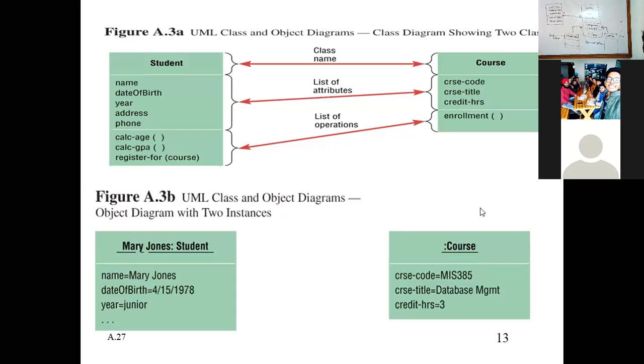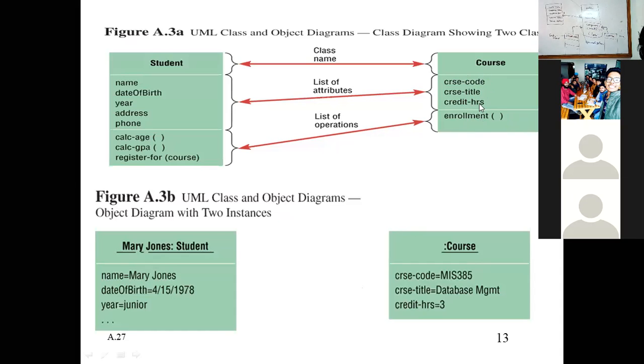On the other hand, we have a course class which has course code, course title, course hours and enrollment. These are the data members, and these represent the operation. That is, in the course we have enrollment: the student can enroll for a particular course. So this is shown here in the form of a class diagram, where the student is interacting with the course class.